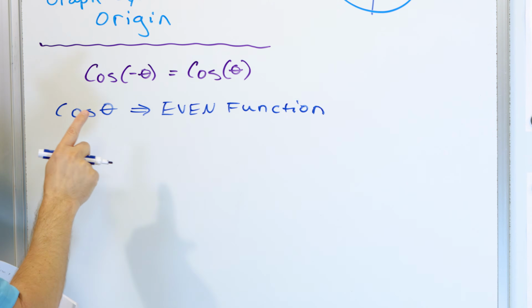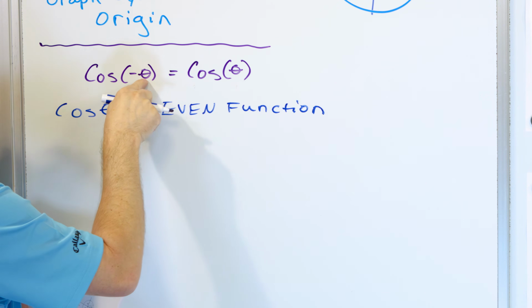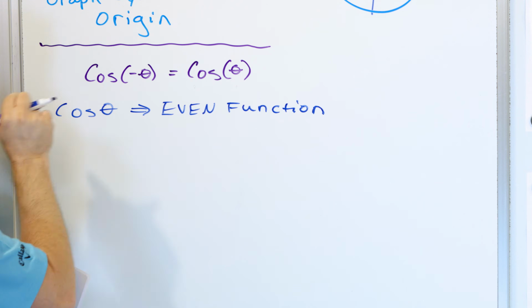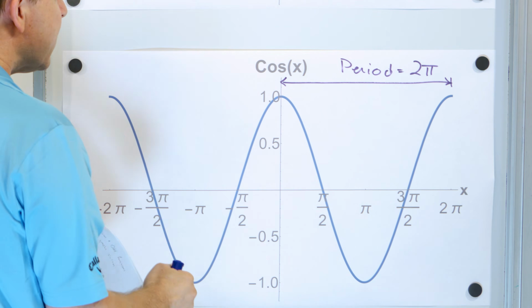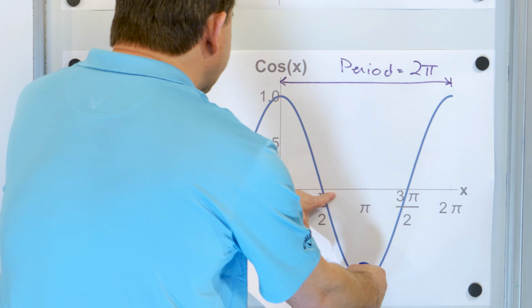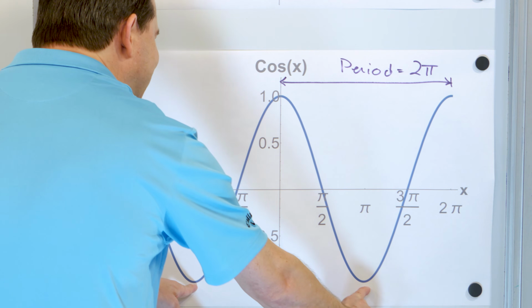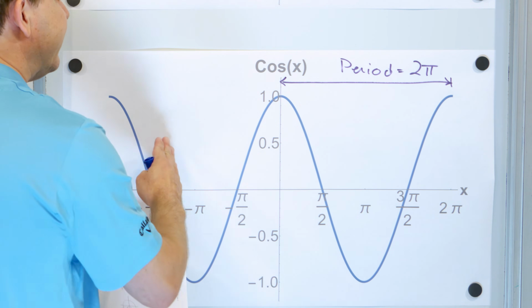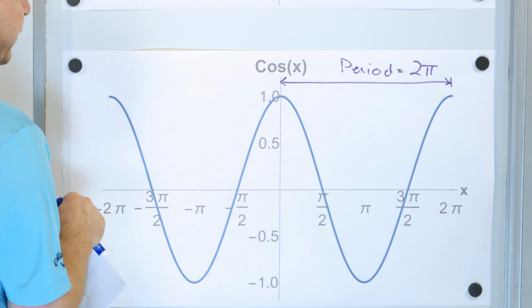Right? What we're basically saying is the cosine of an angle is the same answer that you get if you take the negative version of the angle and take the cosine of it. So let's look at the graph first before we draw the unit circle. What we're saying is if I pick any positive angle and pick the corresponding negative same angle, what you get back is exactly the same cosine.